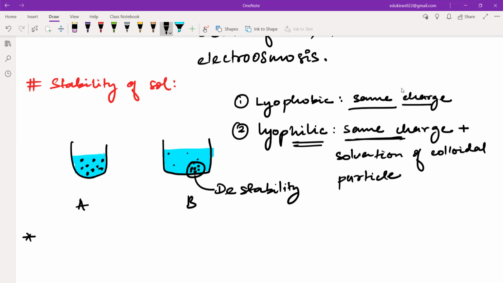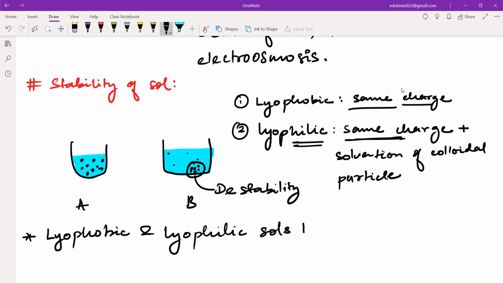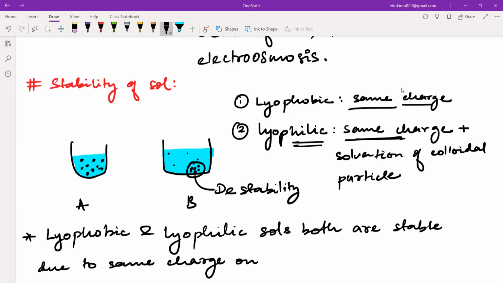So this is the first point that I will write: lyophobic and lyophilic sols both are stable due to same charge on colloidal particles.